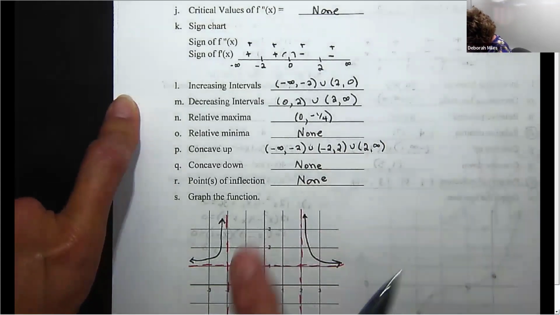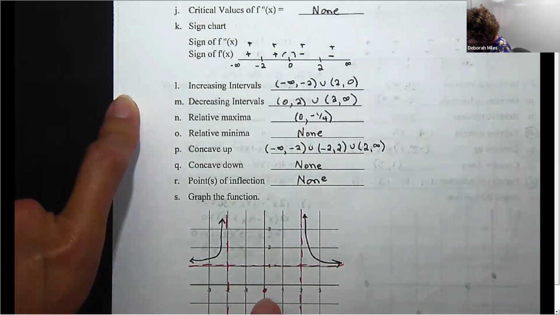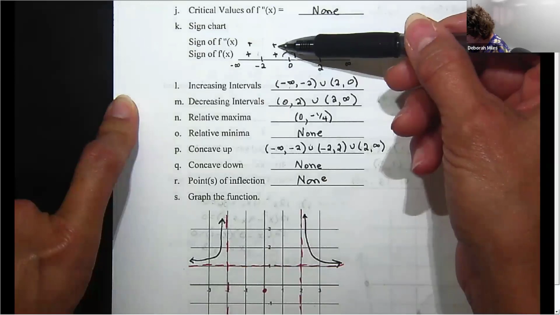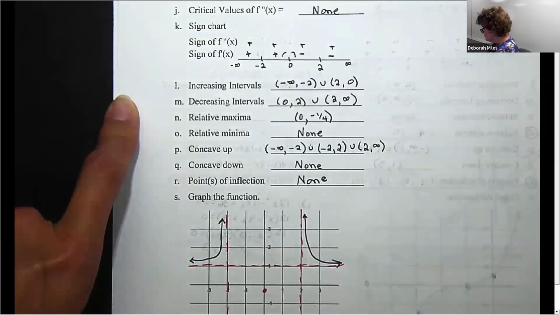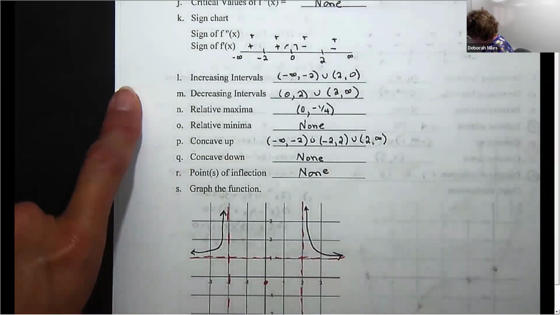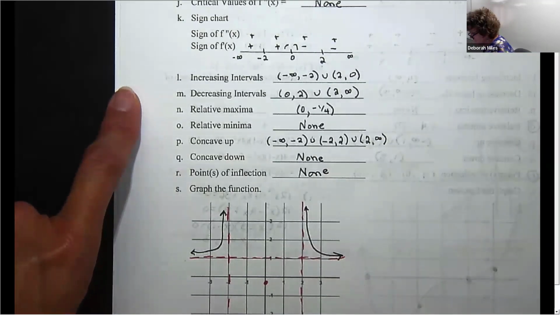And then from -2 to 0, can you do increasing and concave up? How would you do increasing and concave up? Would this be increasing and concave up right there?